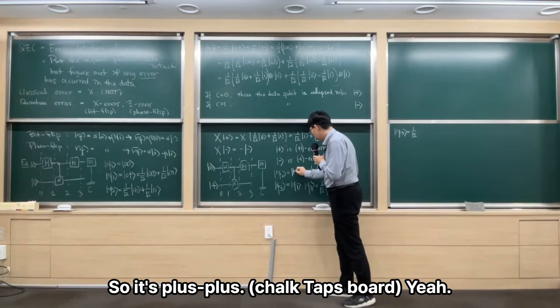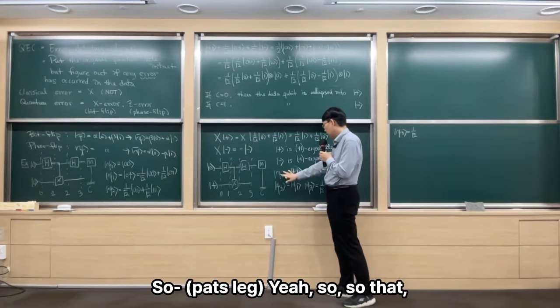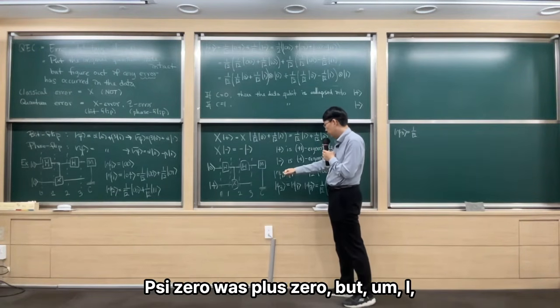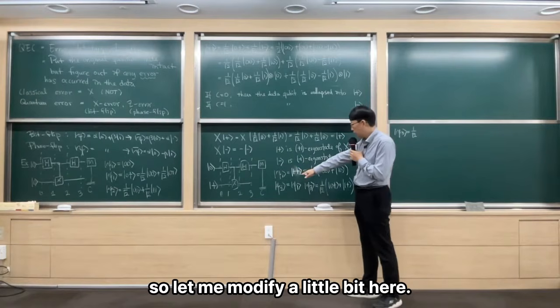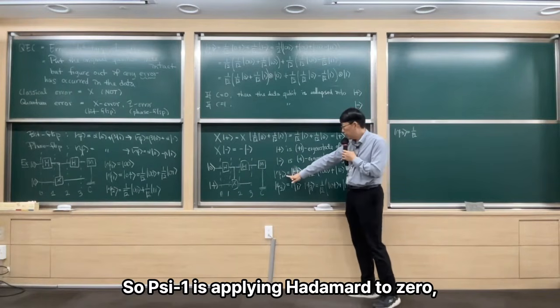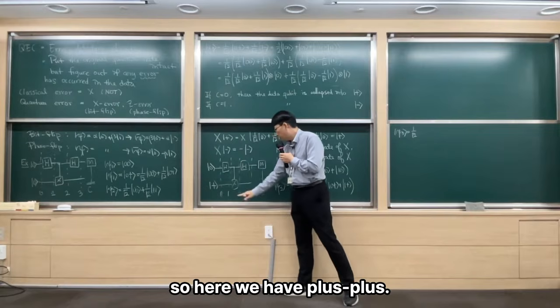So the original statement is right. Psi 0 was plus 0, but I skipped one step, so let me modify a little bit here. Psi 1 is applying Hadamard to 0. So here we have plus plus.